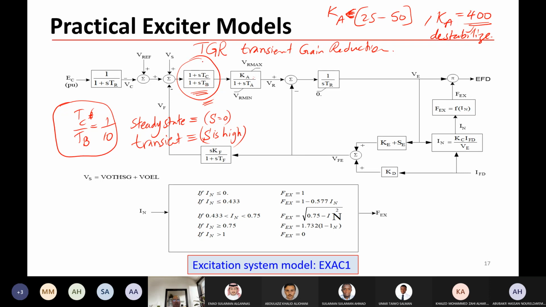So the effect of this block in the transient period can be approximated to TC over TB. If you select TC over TB equal to 1 over 10, this 1 over 10 will be multiplied by KA here. So you reduce this KA from 400 to 40. So this is called the transient gain reduction block. This is very important also in improving the stability.